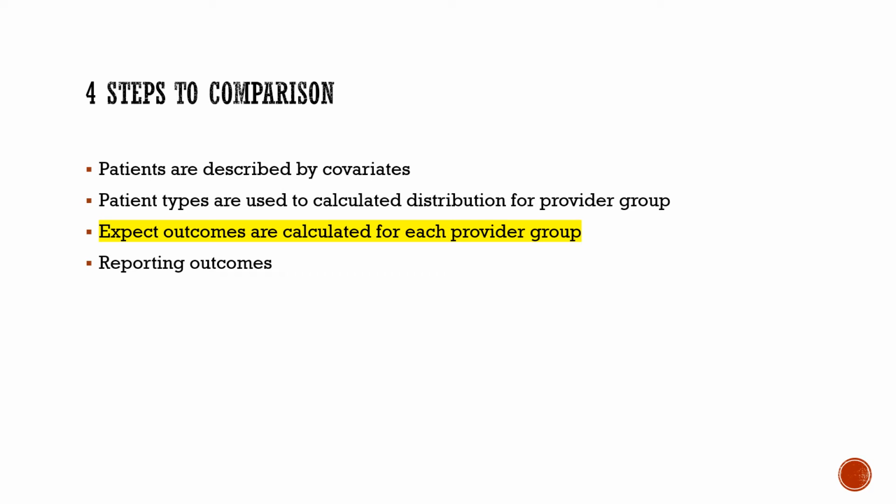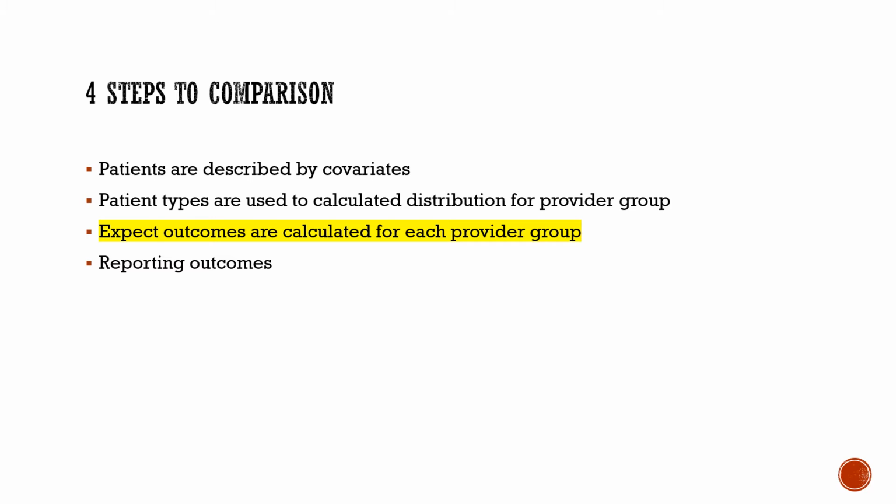There are 4 steps to the comparison. The first one is patients are described by covariates. In our case, it is the HCC and DRG columns. I will refer to our strata as patient types. For each provider group, we will calculate the probability of observing patient types.